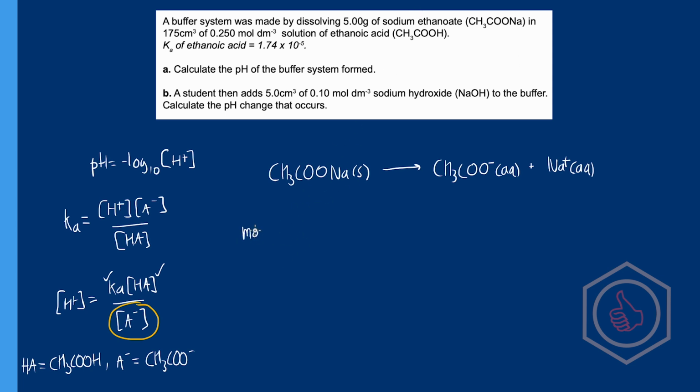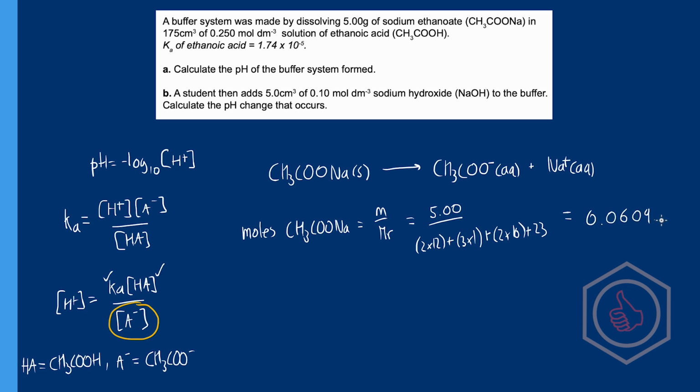So the moles of sodium ethanoate added at the start, so moles of CH3COONa equals m over Mr, with the mass being 5.00 grams and the Mr being 2 × 12 + 3 × 1 + 2 × 16 + 23, giving us a mole value of sodium ethanoate of 0.0609.